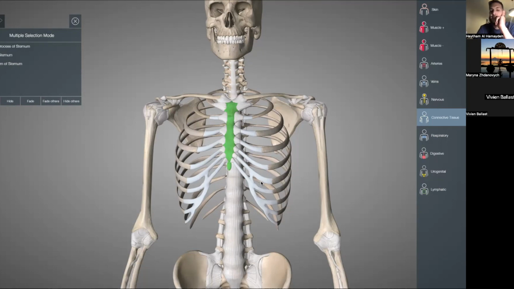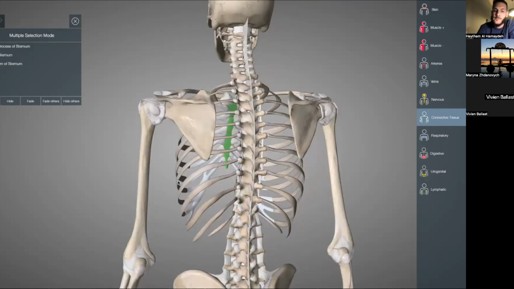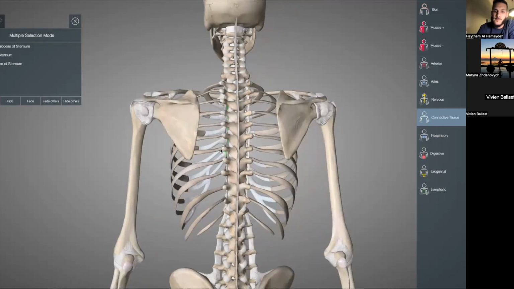We have 4 features of the ribs: head, neck, tubercle, and shaft. The head has 2 articular surfaces, inferior and superior.